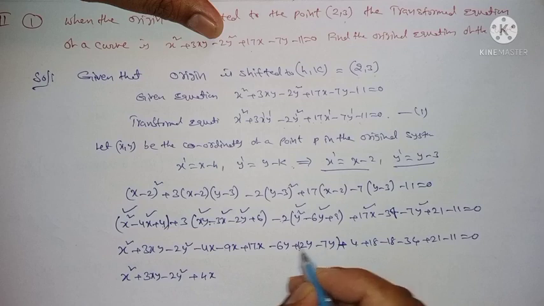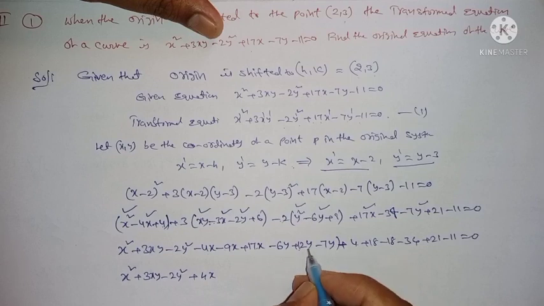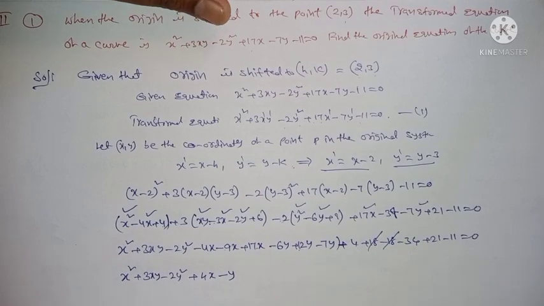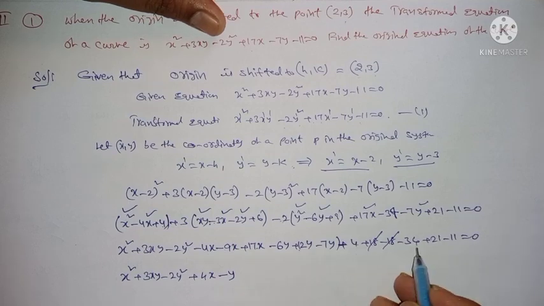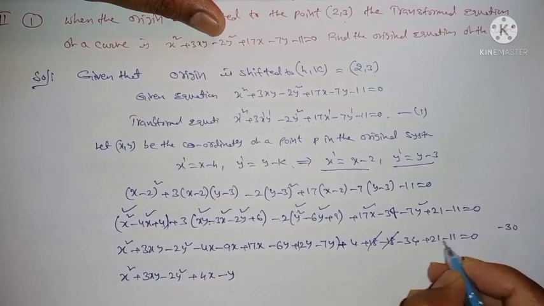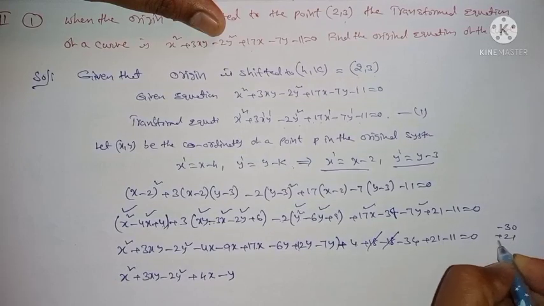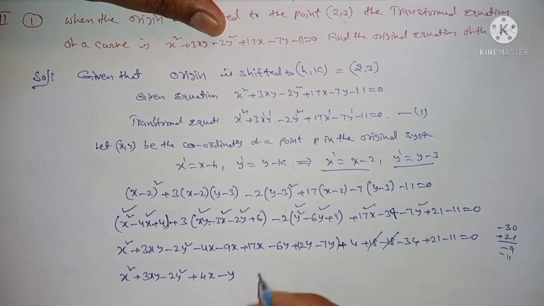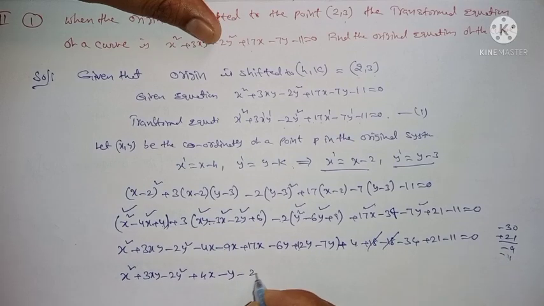This is minus 6 minus 7, which is nothing but minus 13; minus 12y plus 7y... minus 12y means you get minus 5y only. And constants: minus 18 plus 18 cancel. Minus 34 plus 4 is equal to minus 30. Minus 30 plus 21 is nothing but minus 9. Minus 9 minus 11 is nothing but minus 20 is equal to 0.